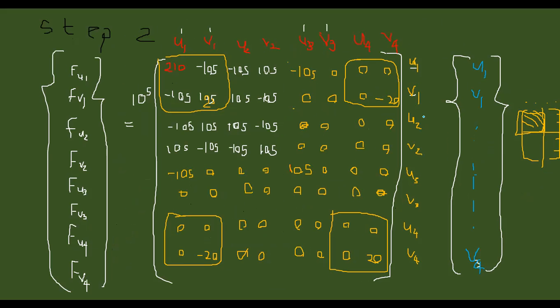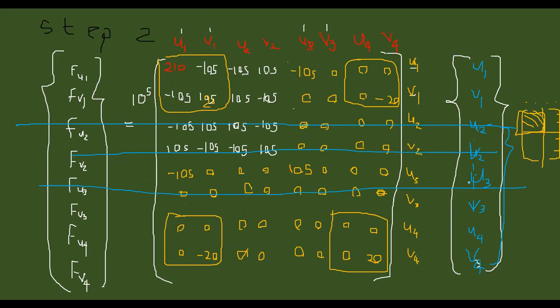So u2 v2, u3 v3, u4 v4, these 6 are 0, right? That means you can eliminate those rows and columns. So I'm going to eliminate them.